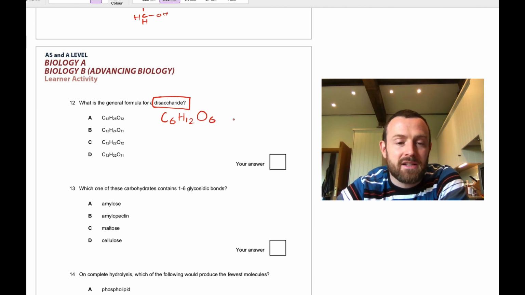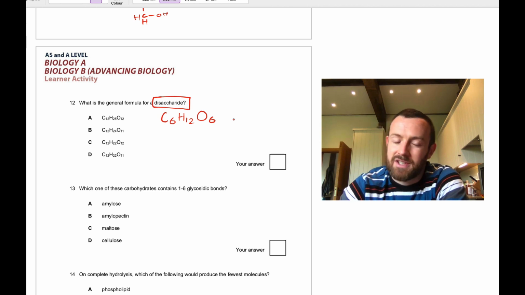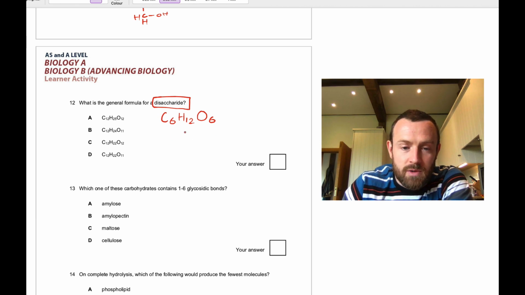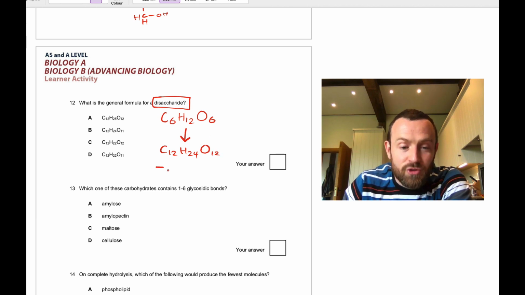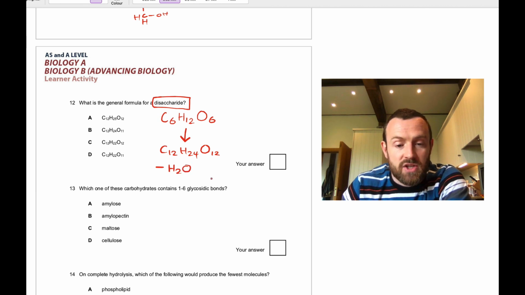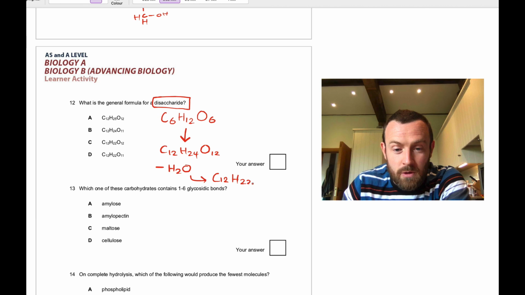Now, what happens when we make a disaccharide? We have to put 2 of those together, but we have a condensation reaction at the same time. So what we're going to do is times it by 2 to go to C12H24O12, but then we've got to subtract the water molecule that is produced, the H2O, in which case, if you do the maths, you're going to get C12H22O11.